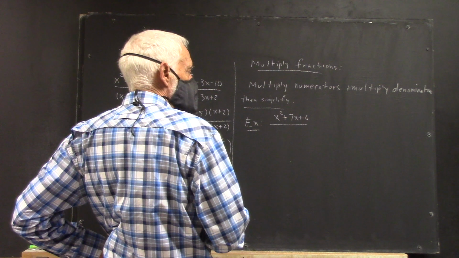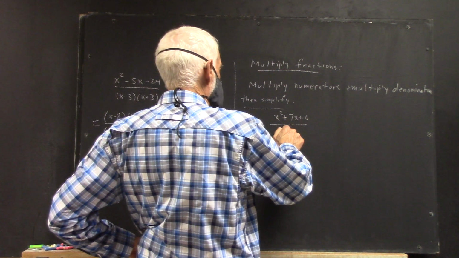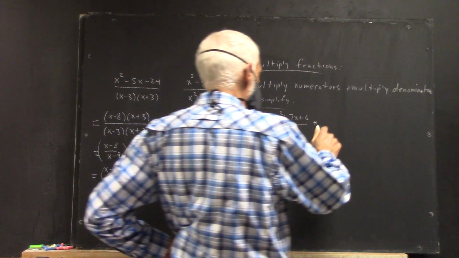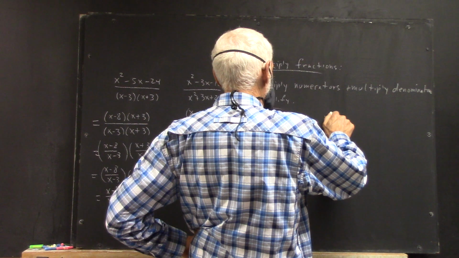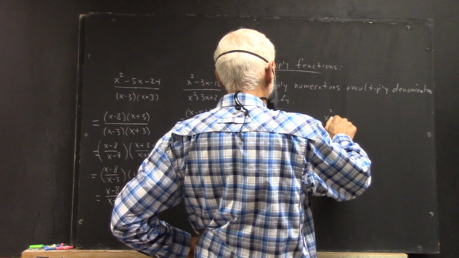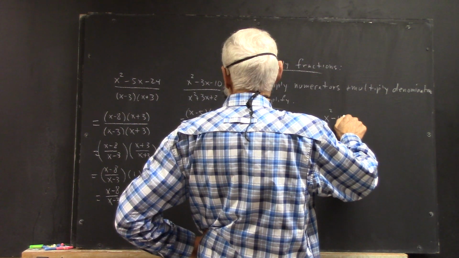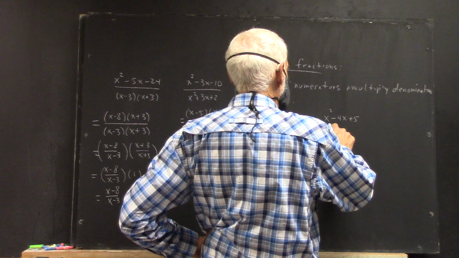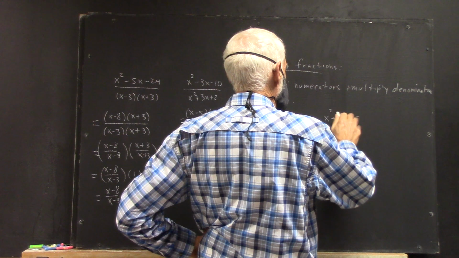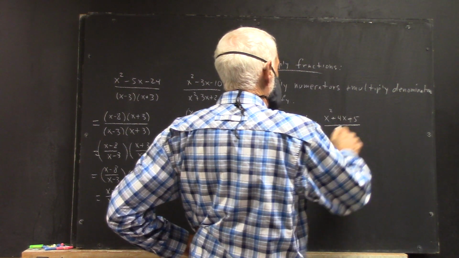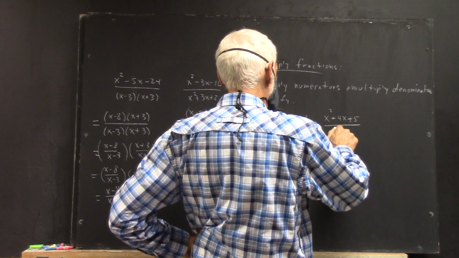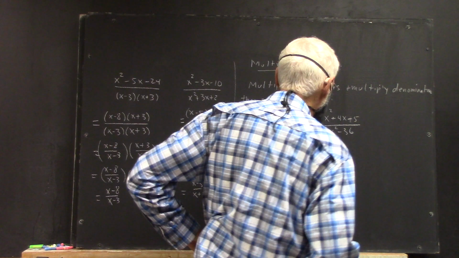So you got x squared plus 7x plus 6 over x plus 5 multiplied by x squared plus 4x minus 5 over x squared minus 36.